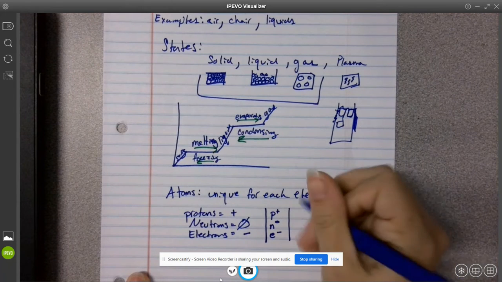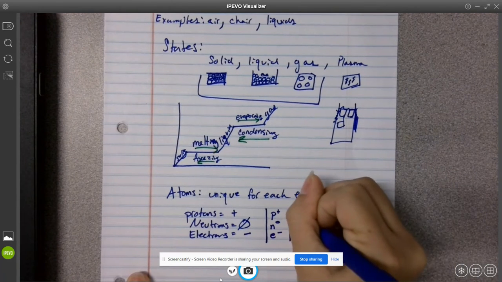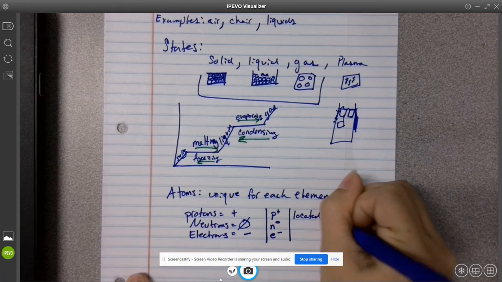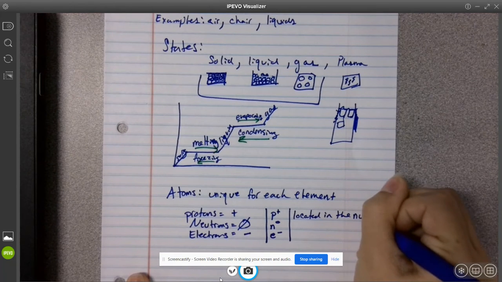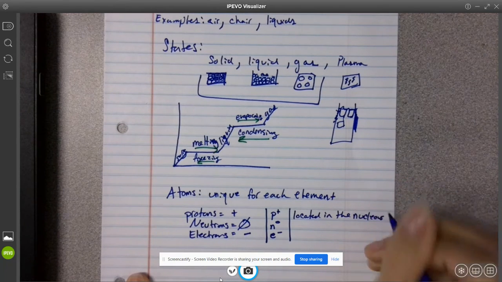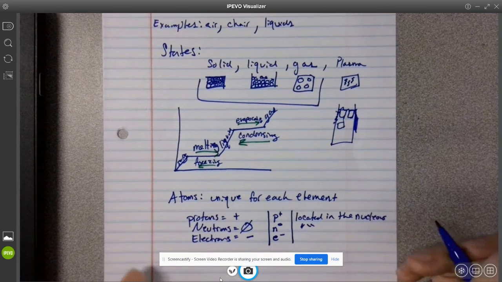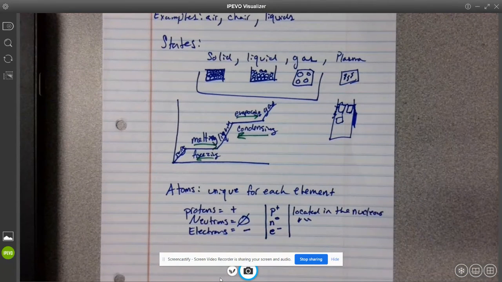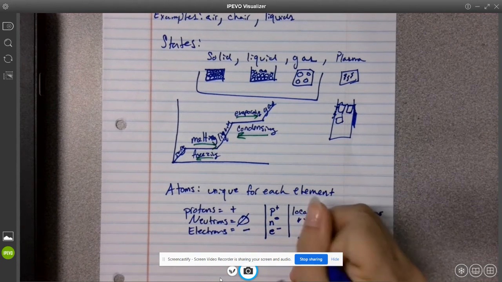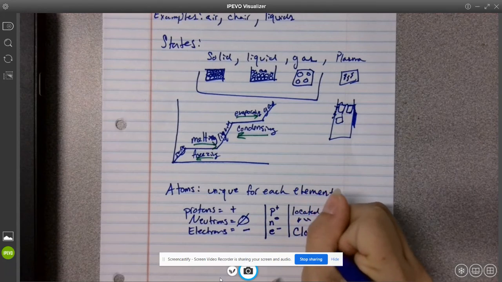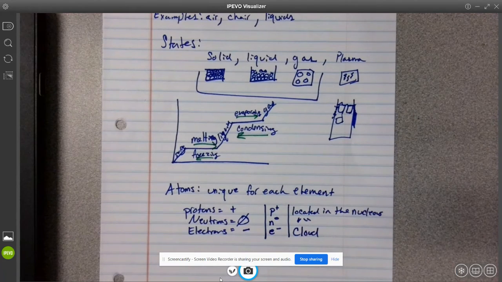Protons and neutrons are going to be located in the nucleus. So protons and neutrons are in our nucleus. Electrons are going to be in what's called our electron cloud.